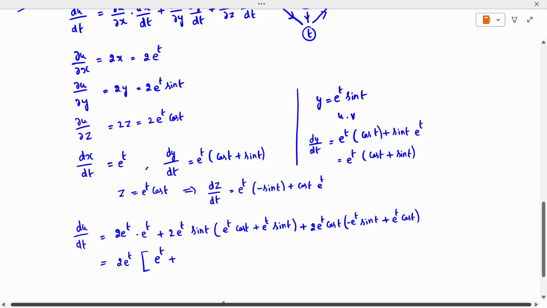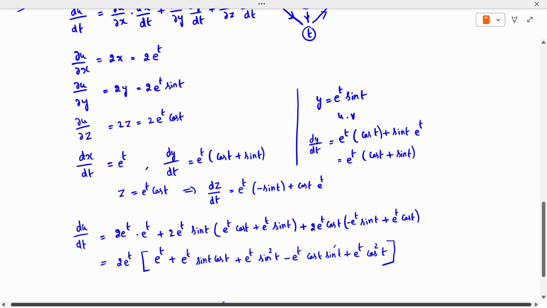Then multiplying the others separately: e to the power t into sin t cos t, plus e to the power t into sin square t; in the next term, minus e to the power t into cos t sin t, plus e to the power t into cos square t.